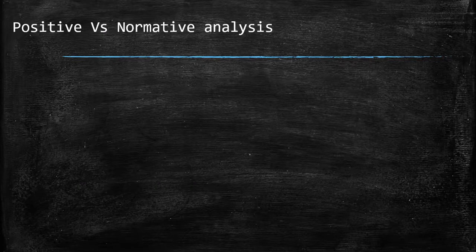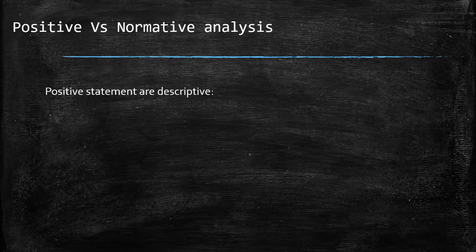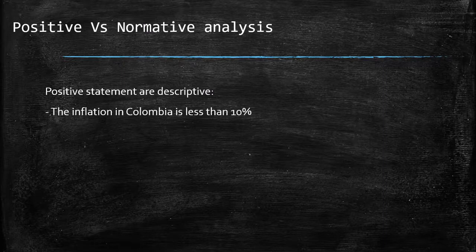And this is an important fact: positive versus normative analysis. Positive statements are descriptive, so it's something that is a fact, not a subjective issue. For example, the inflation of my country, Colombia, is less than 10%.